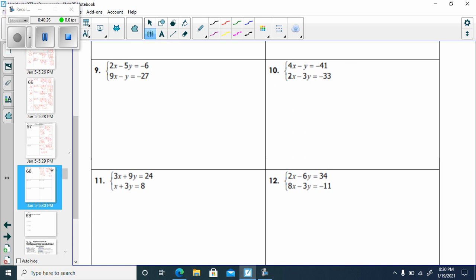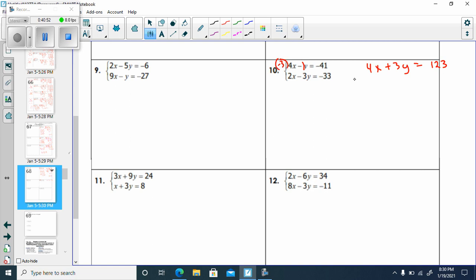Let's look at 10. Which one can we get rid of? Okay, we know this is an understood 1, so let's multiply this by a negative 3. If I do that, I would have positive 3y up here. 4x plus 3y equals, let's see, 123. 4 and 3 is 12, 3 and 1 is 3.